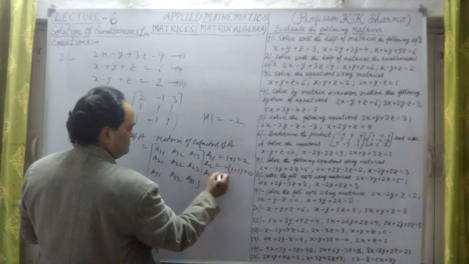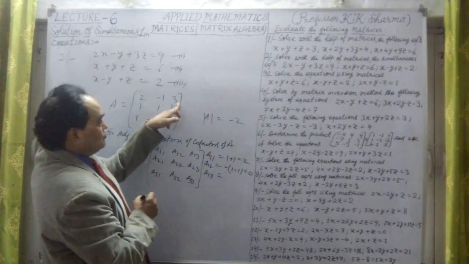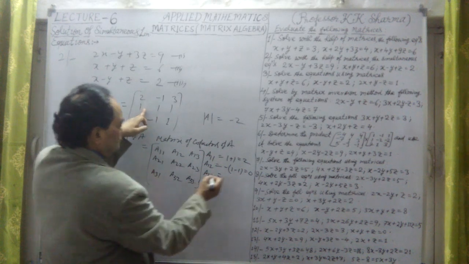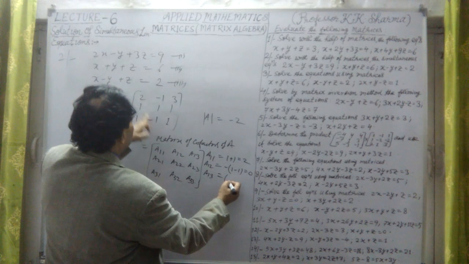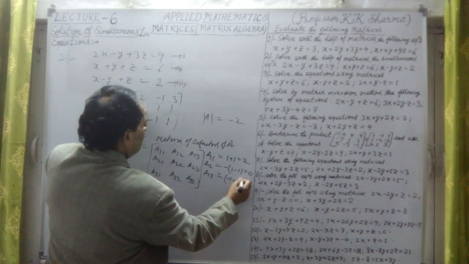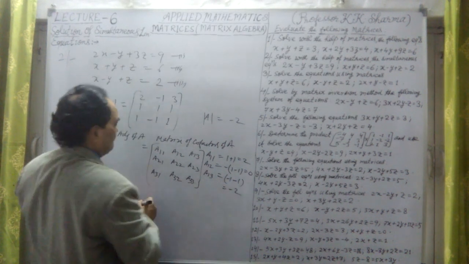Then A13, the cofactor of 3 is minus 1, this positive value, so it is minus 2 here.